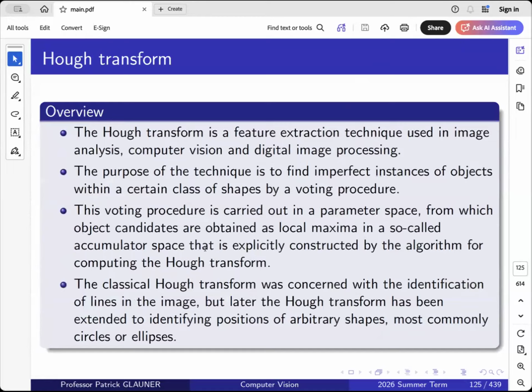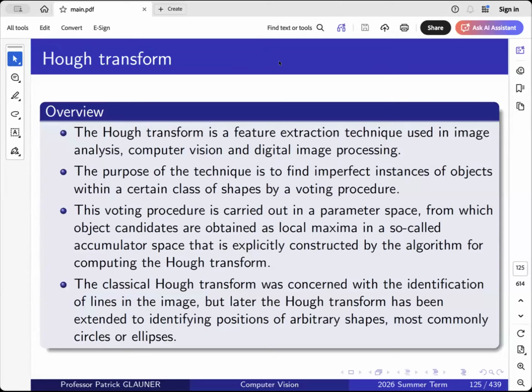So there's a lot of text here, and I'll just tell you in essence, and then we look at an example. The Hough transform is a really good feature extraction technique used a lot in image analysis, computer vision, and digital image processing to find straight lines. It applies some voting and it transforms the data into a different space where it turns out that we can do this voting quite easily.